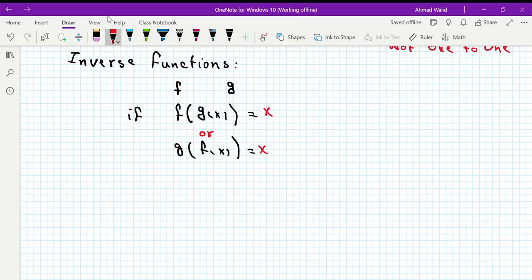This is actually also the definition and also the test to find if two functions are inverse to each other.